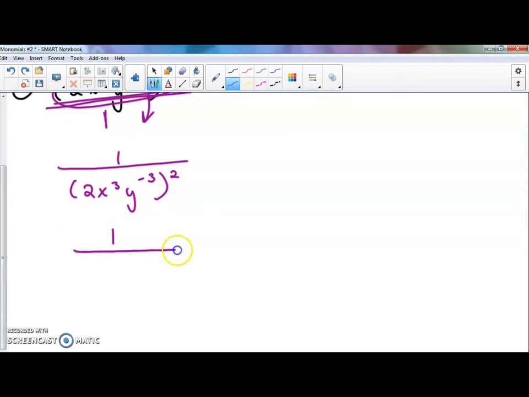So I'm going to get 1 over. Remember, that's 2 squared. So 2 times 2 gives me 4. And now we multiply the exponents. So 3 times 2 will give me x to the sixth. Negative 3 times 2 gives me y to the negative sixth. Now, we've done all the monomial steps correctly, but one last thing we still have to do is get rid of that negative exponent.